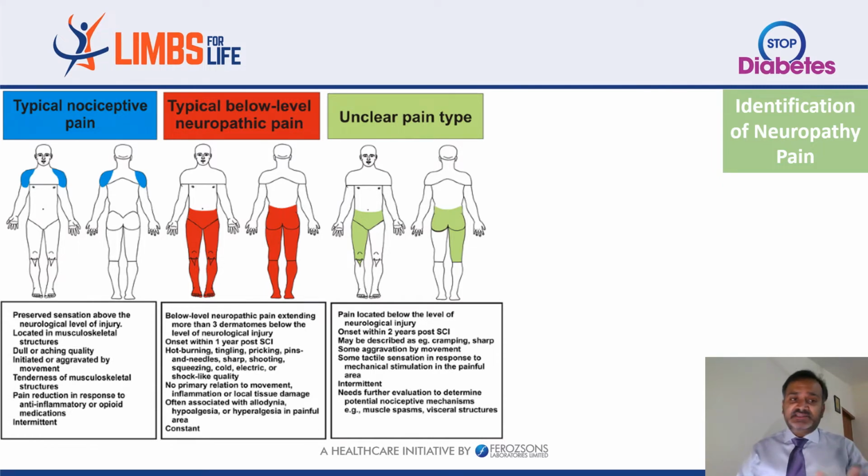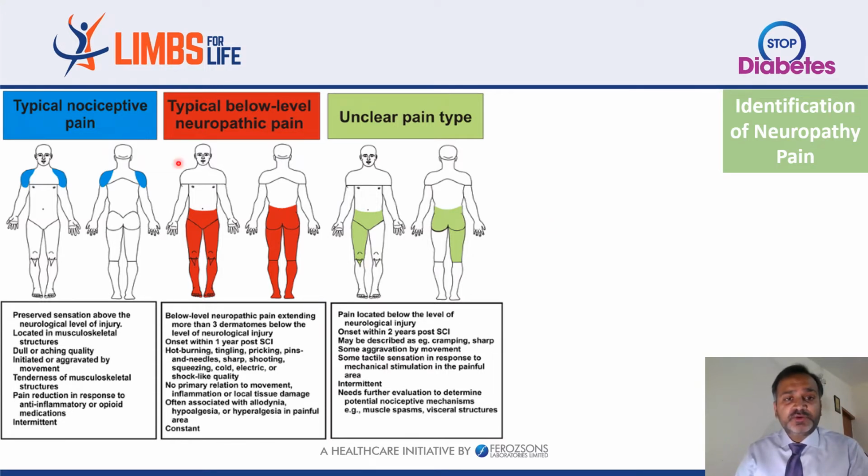This typical nociceptive pain usually responds to non-steroidal anti-inflammatory drugs, and definitely opioids, which are more powerful pain relievers. So opioids may also be helpful in that pain. And this pain is usually intermittent; it comes and goes, right?